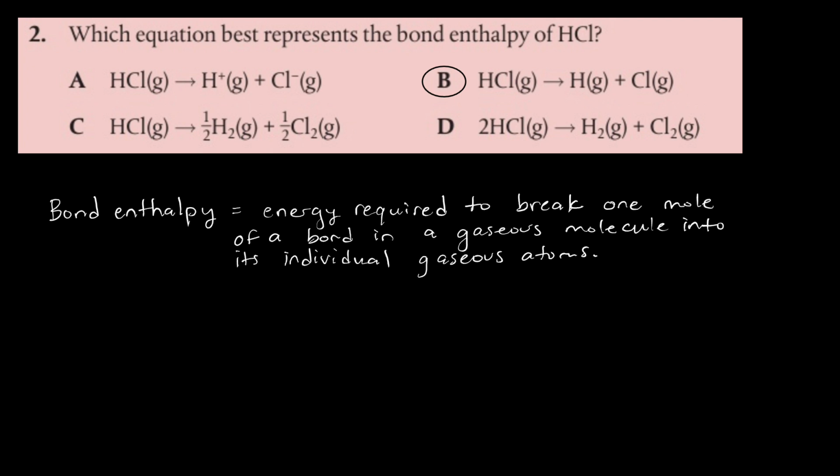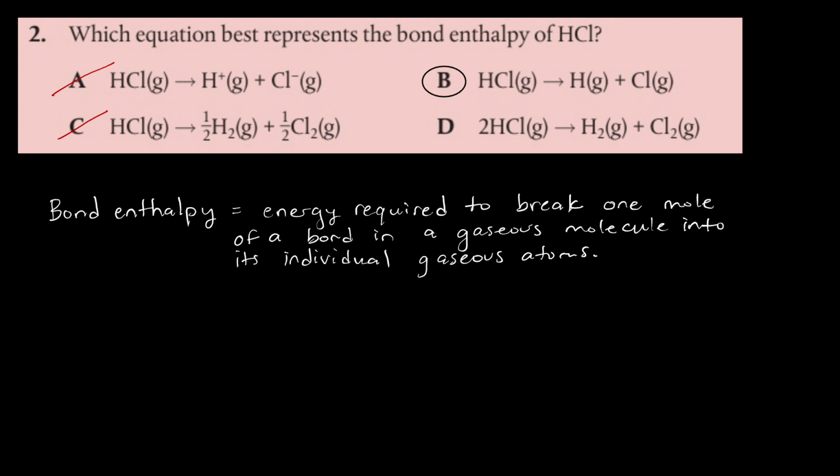Now for our first option of A, it shows the ionization of HCl. This is going to be ionization and not bond dissociation, so A would not be the correct choice. Option C is going to be incorrect because it implies the formation of diatomic molecules rather than individual atoms, which is not what we're looking at here.